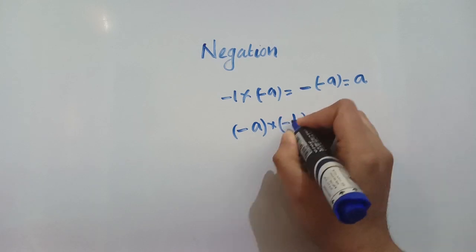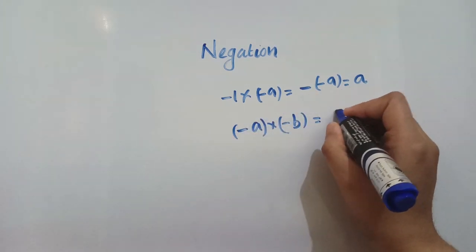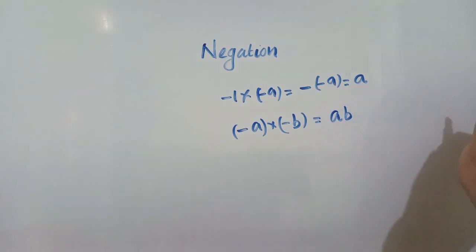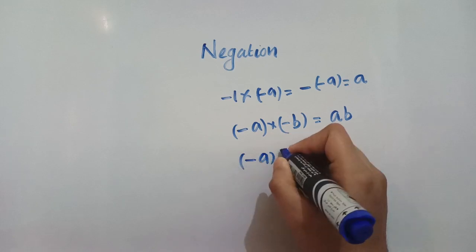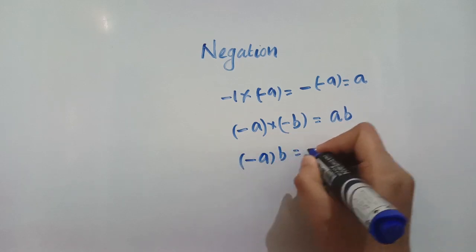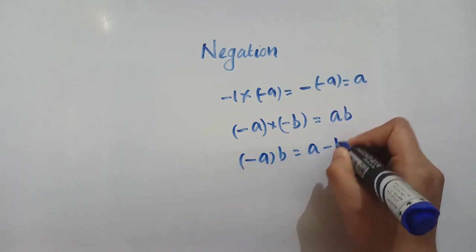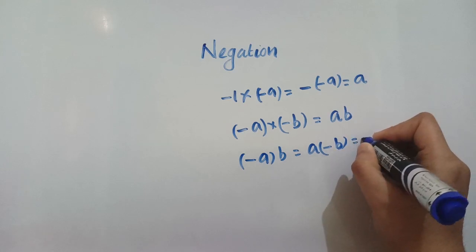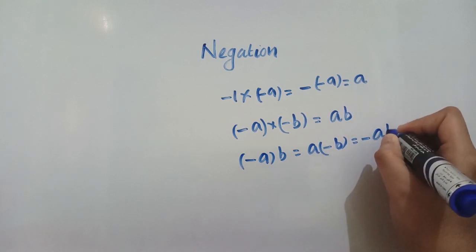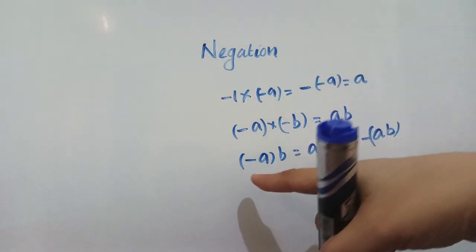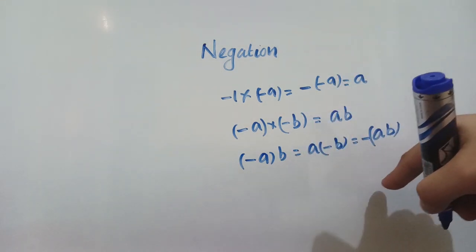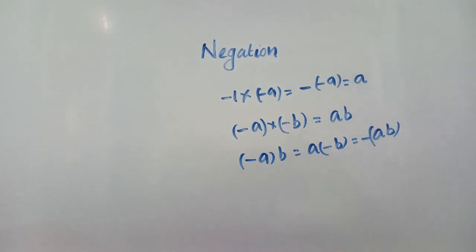We are multiplying both negative numbers. The answer is a positive number, ab. Or minus a into b is equal to a into minus b is equal to minus ab. If any one of the numbers is negative, the answer is negative.